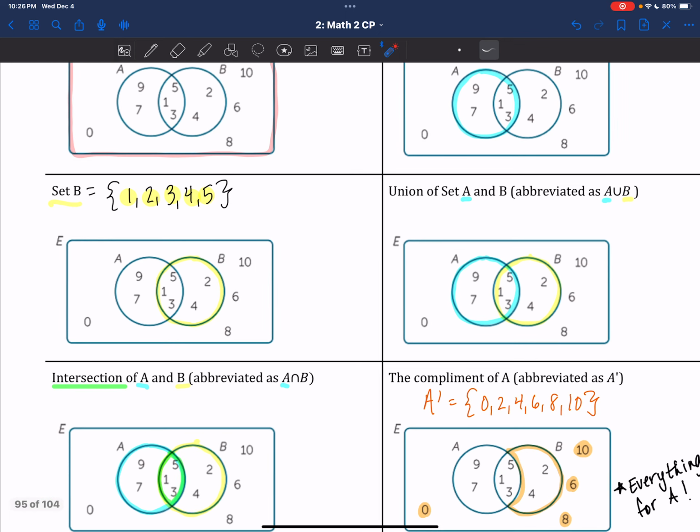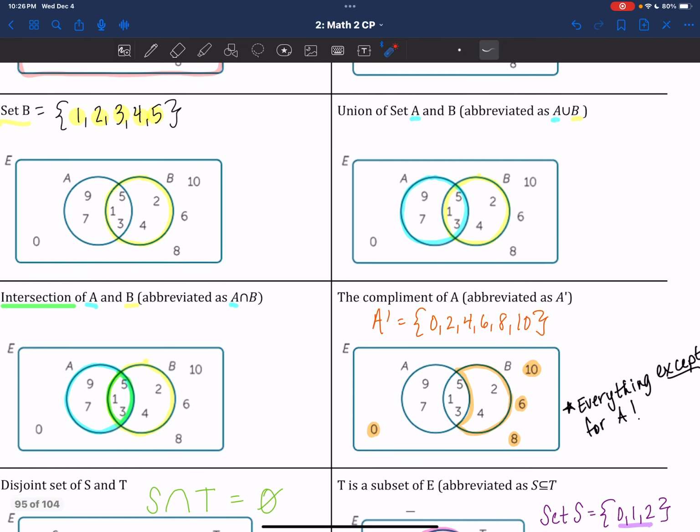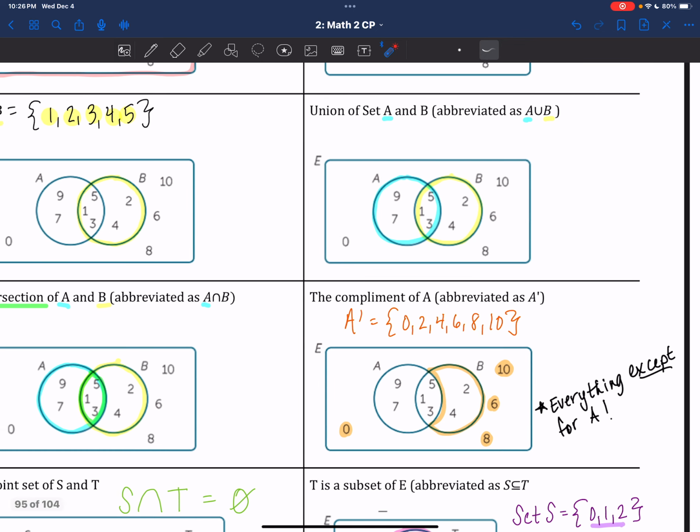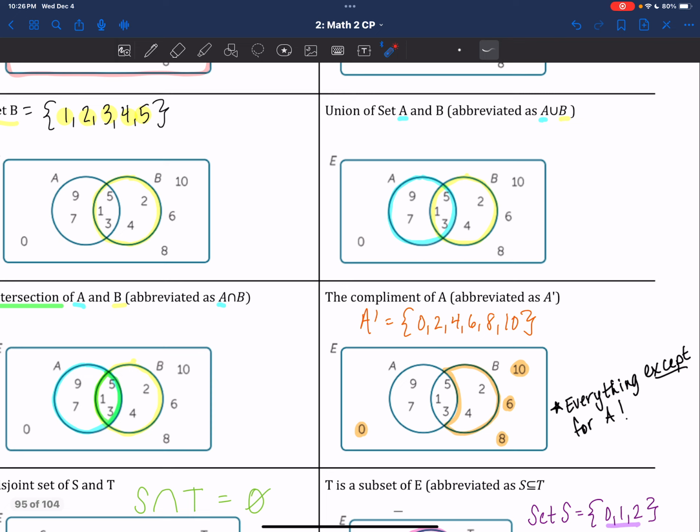For set B, this is set B, and you have 1, 2, 3, 4, 5. I just listed those as what's in there. Now it's going to be a little bit more because you have the union of set A and B. When you're looking at this one, you're going to think about what they have in common. So it would be 1, 2, 3, 4, 5, 7, 9.